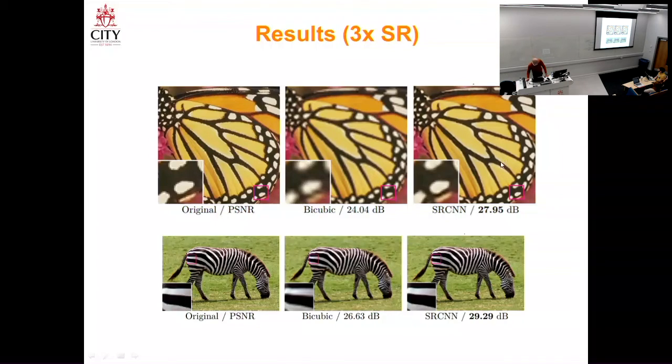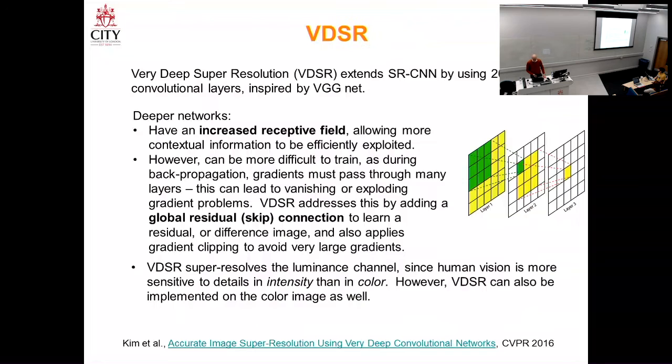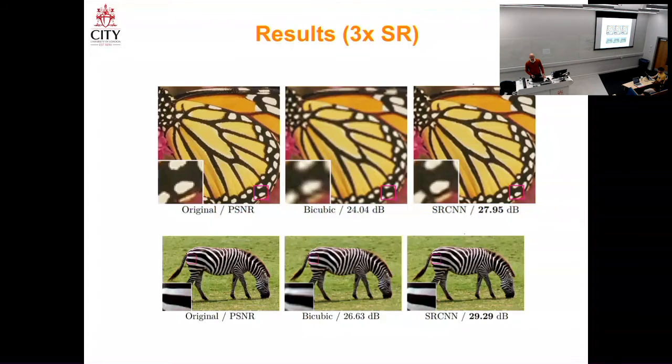And I don't know if you can tell, but hopefully from where you're sitting, the detail in the SRCNN result is crisper, and indeed the PSNR is certainly higher using this approach. Here's this horse again, looking at the texture on its body. Again, the PSNR is about 3 dB higher using SRCNN. So this technique is effective based on the objective quality measure. Okay, any questions with that one?